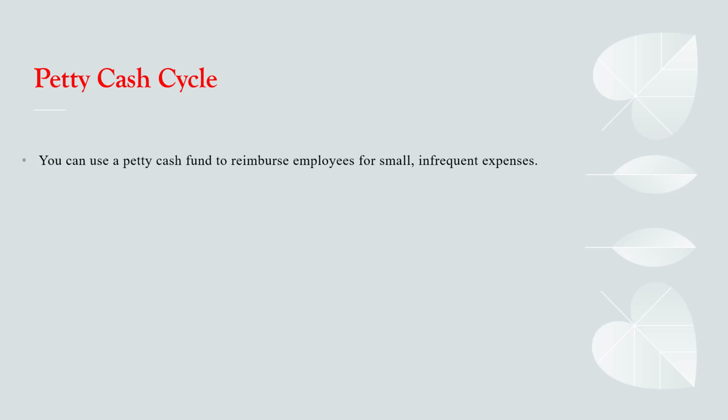In most organizations you can find employees who take a petty cash amount, go out and spend on some small, infrequent expenses, and bring back the invoices of these expenses to net off the prepayment amount which they took first.